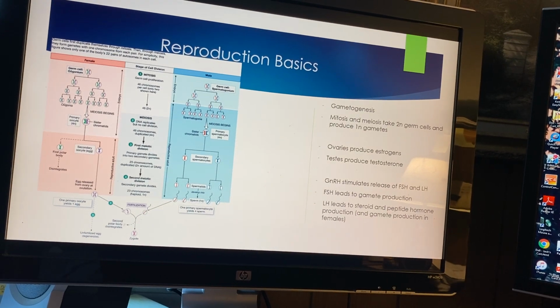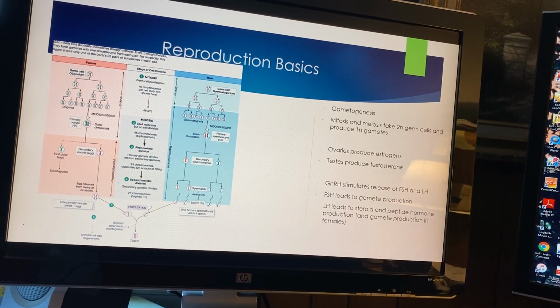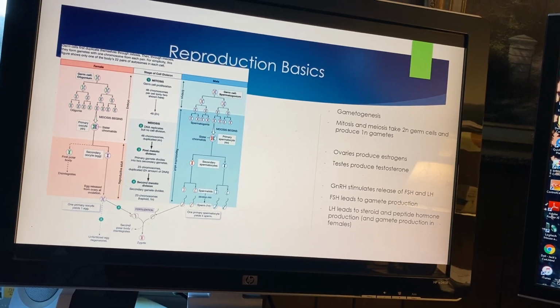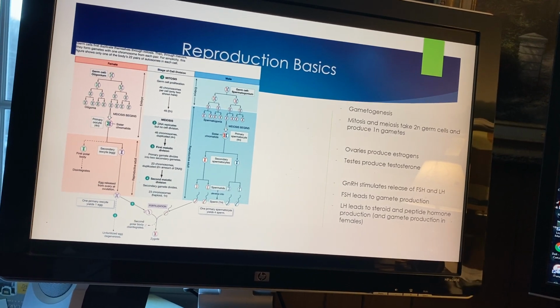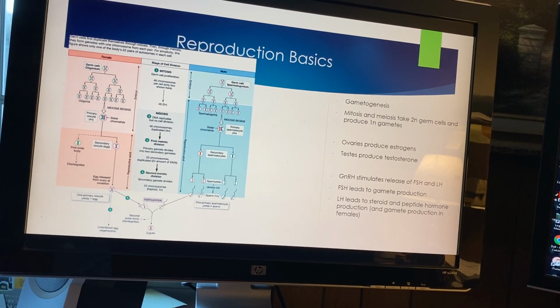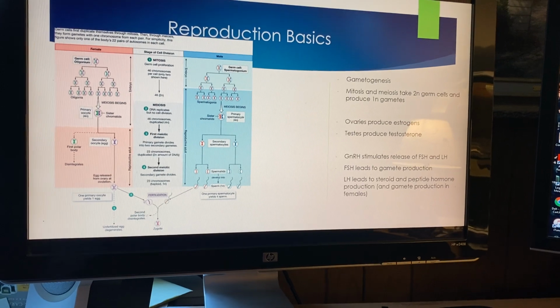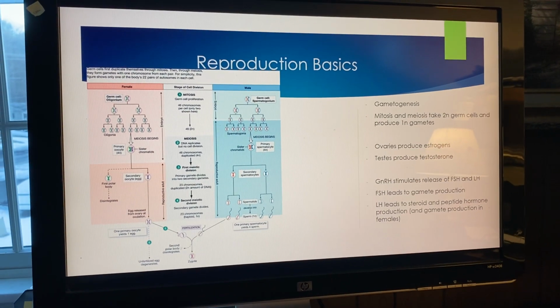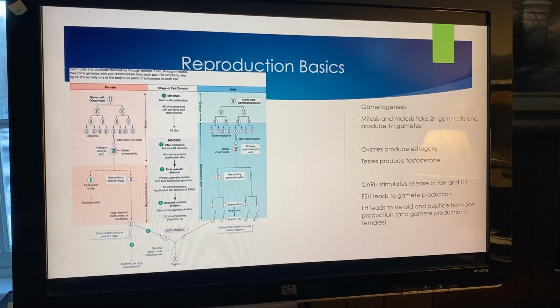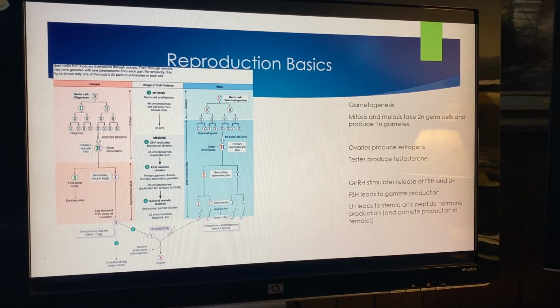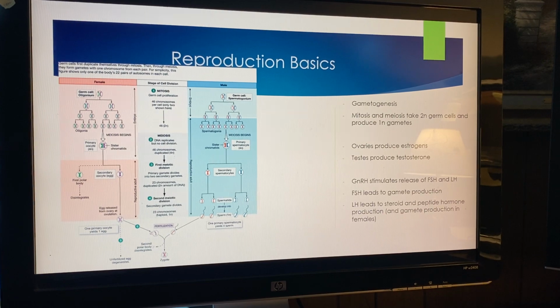And gonadotropin-releasing hormone releases two very important hormones called follicle-stimulating hormone and luteinizing hormone. Now, FSH, follicle-stimulating hormone, leads to gamete production. LH, the luteinizing hormone, leads to endocrine cells and steroid and peptide hormones. In females only, LH can also assist in gamete production.